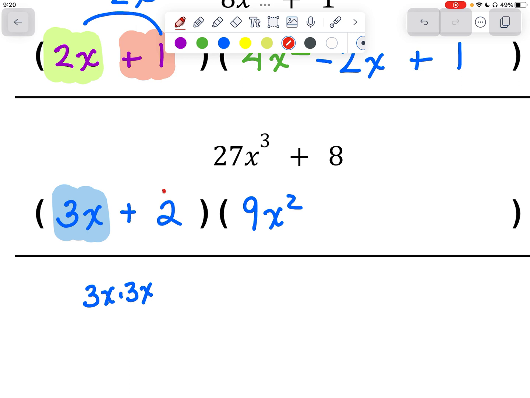The middle term, we multiply these two together, take the opposite sign, and then your last term comes from your constant term there squared, plus 4. And that's it.